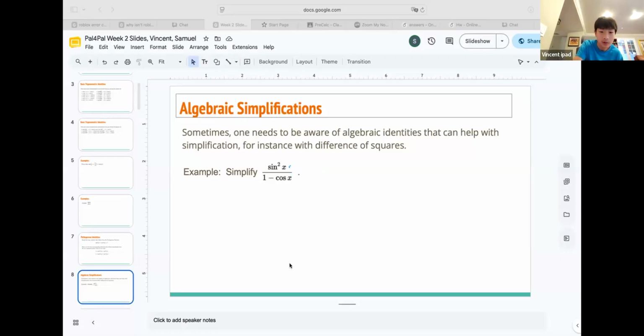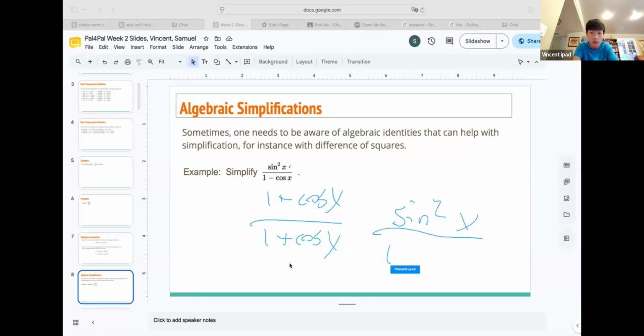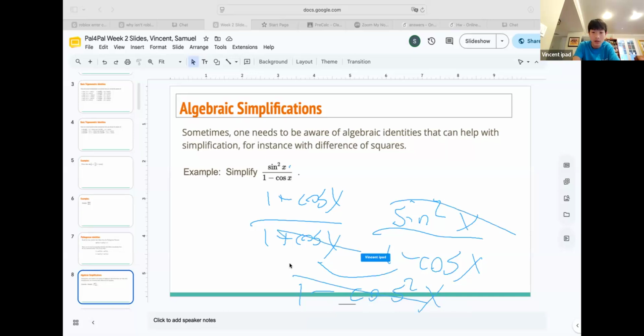You multiply by 1 plus cos x over 1 plus cos x. Once you multiply this to sine squared x over 1 minus cos x, difference of squares here, you get 1 minus cos squared x, which is equal to sine squared x. Then everything cancels out, and you're just left with this, which is much nicer.